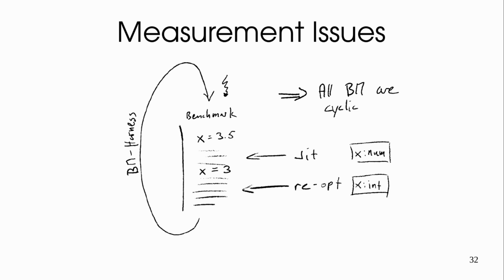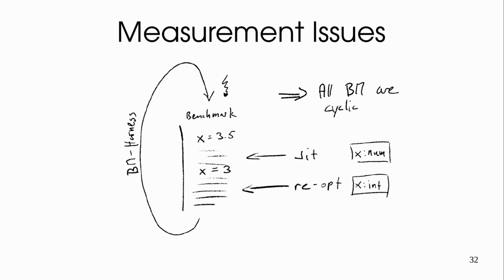If our reoptimization strategy now suggests to recompile this benchmark function and to narrow down the type, then this is guaranteed to cause problems, because the way the benchmark harness works, the way we also benchmark normally in the SH, means that we will execute the same function in a loop over and over, so the same behavior is bound to repeat again at the beginning. So this methodology doesn't work for assessing the impact of this reoptimization strategy.